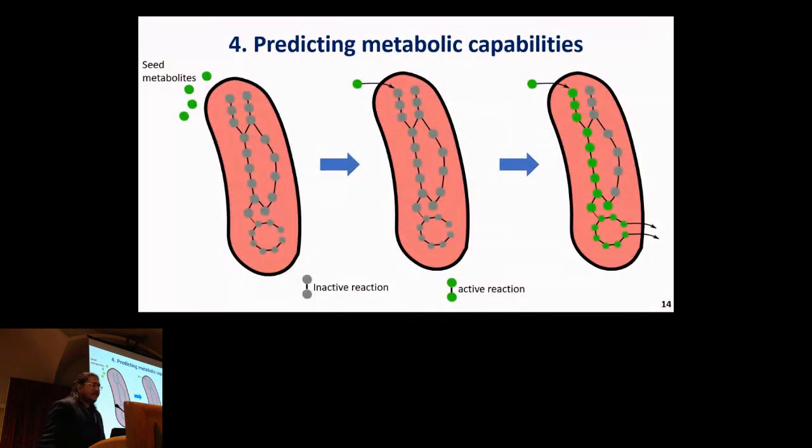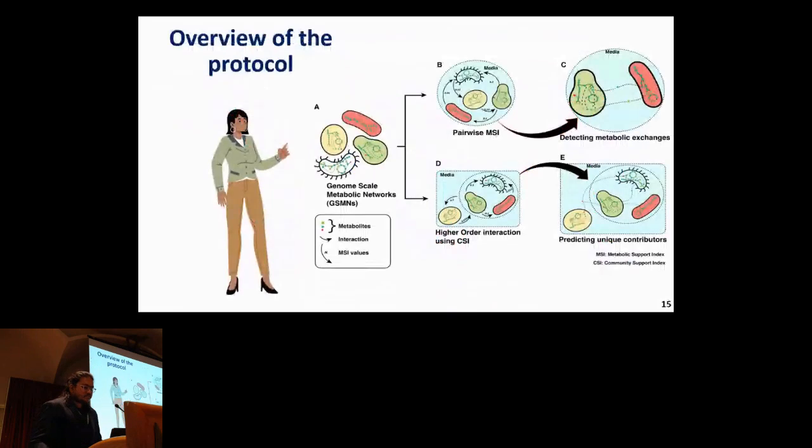So the next step is predicting metabolic capabilities. We were talking about simulating metabolic networks, getting to know what reactions are active and inactive in a given environment. This also tells us about metabolic capability: what metabolites can and cannot be produced by a certain microbe in a given environment. In summary, these four things form the protocol we are talking about.